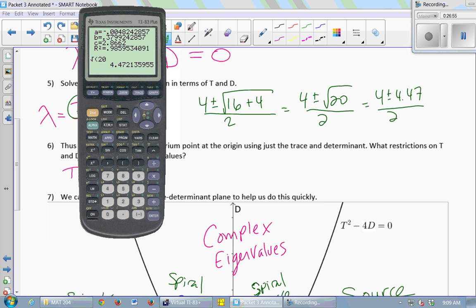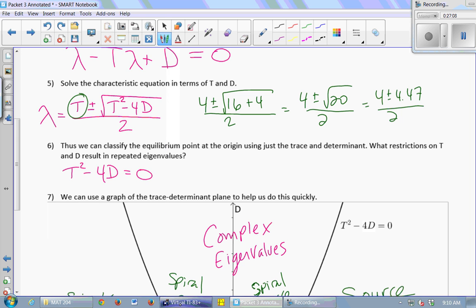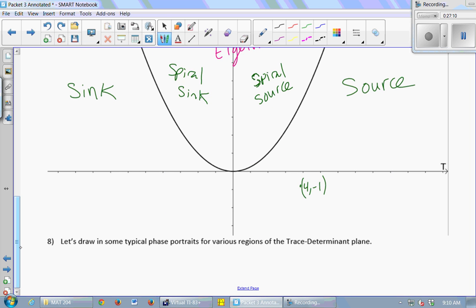If I do 4 minus 4.47, I'm going to get a negative. So this is one real positive, one real negative. That makes a saddle. I think this whole lower part is saddles.